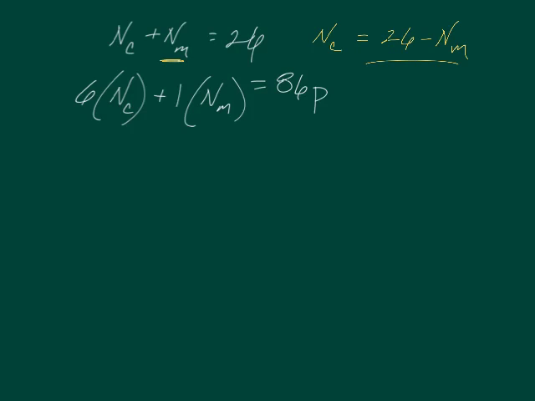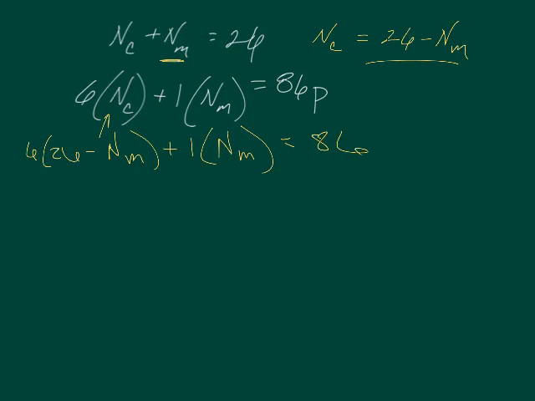So now whenever we see an NC, we're going to put 26 minus NM. So 6 times 26 minus NM, so we just replace that, plus 1 times NM equals 86 pence.